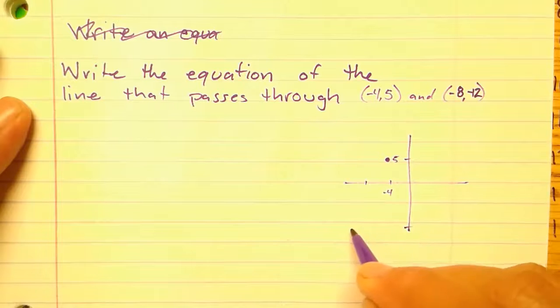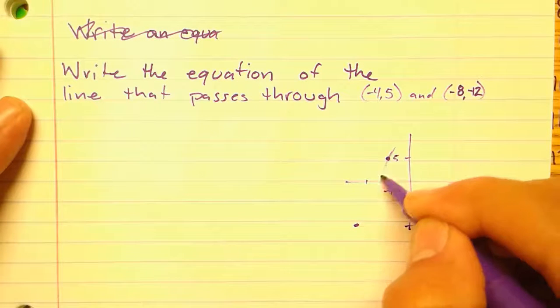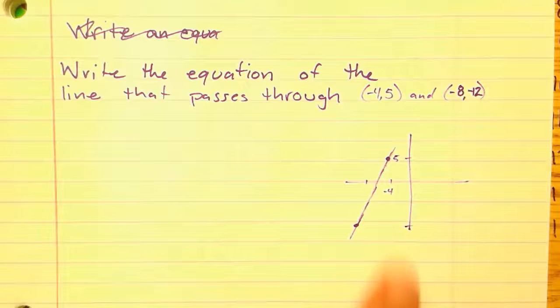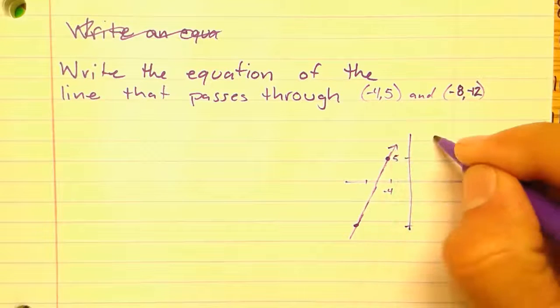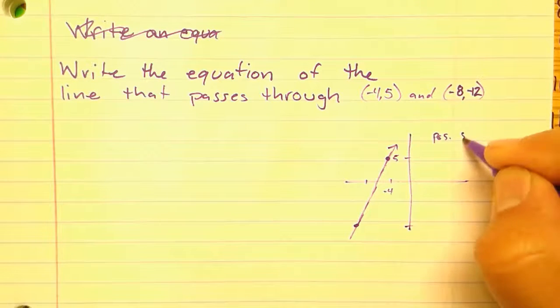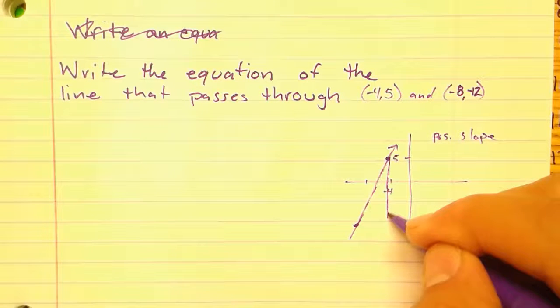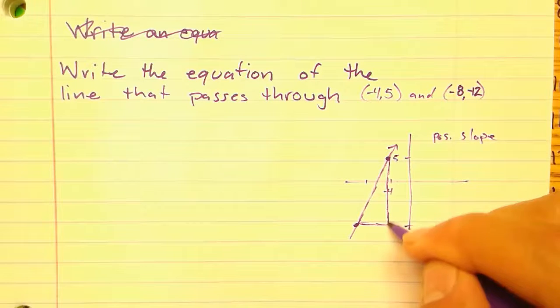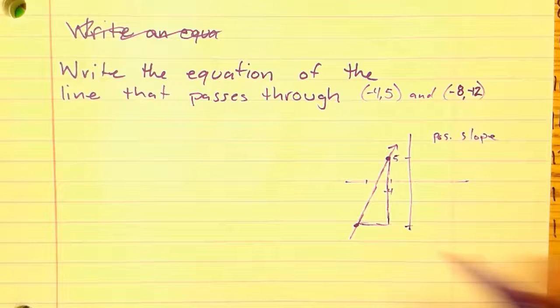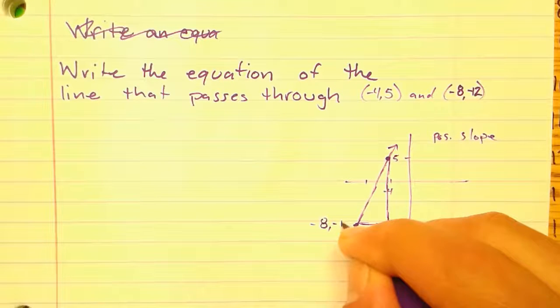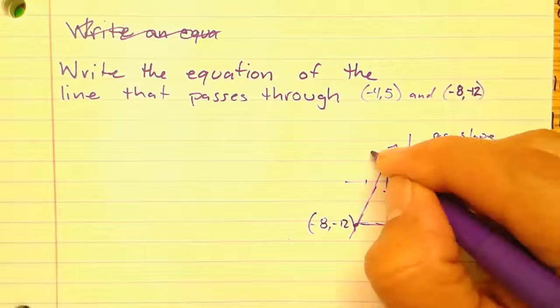So the first thing that I know is this particular line has a positive slope. Number one thing, I see that it is a positive slope. And to find the slope, I like to create this thing called a slope triangle and use my coordinates. So I've got -8, comma, -12, and we said -4, comma, 5.